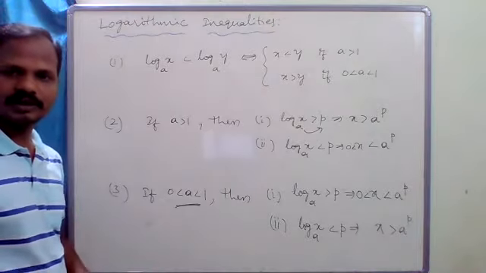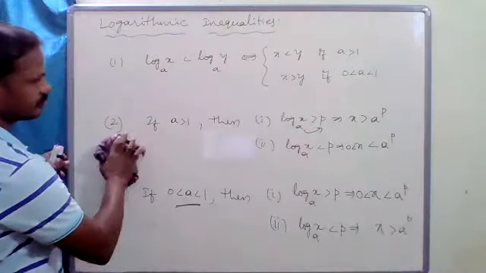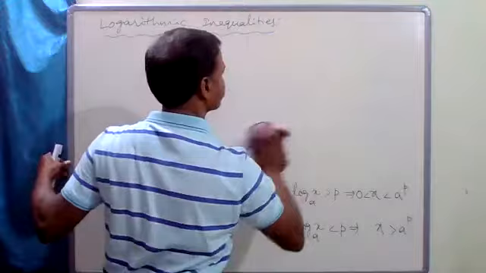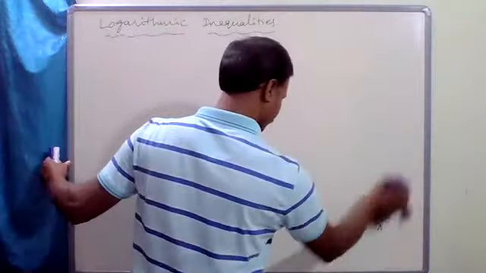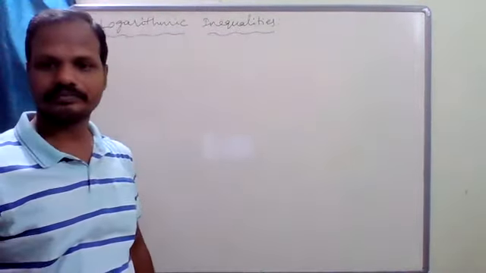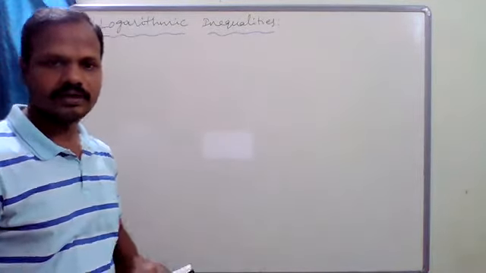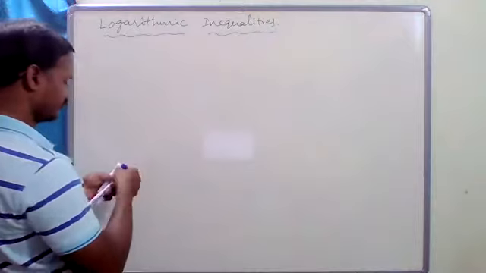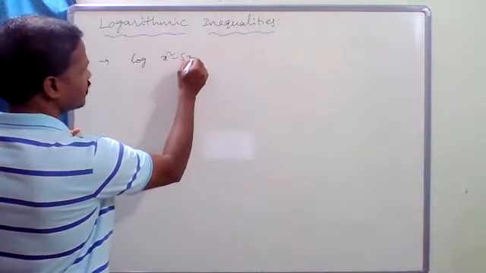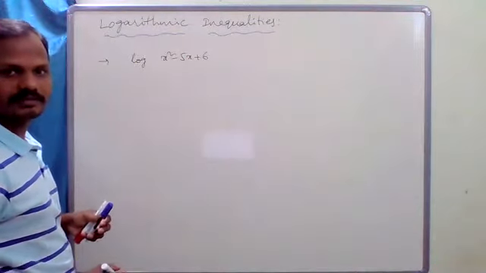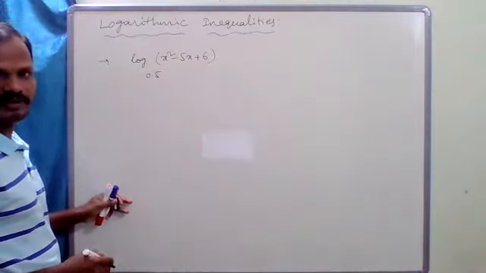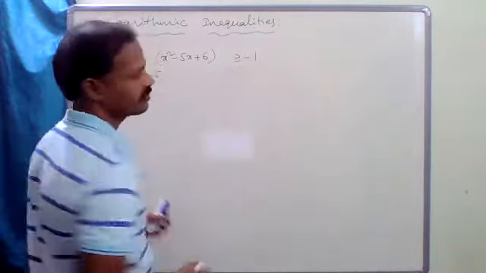Okay, so we will solve one problem regarding this. Log of x square minus 5x plus 6, base 0.5, is greater than or equal to -1.